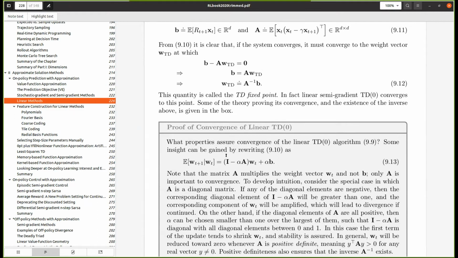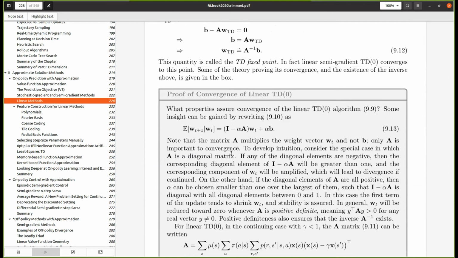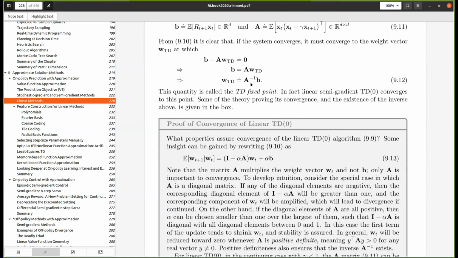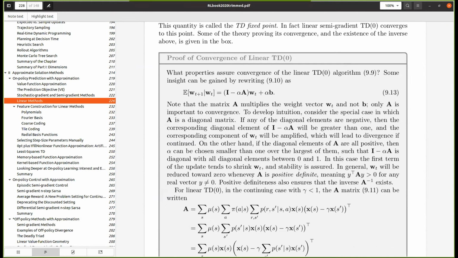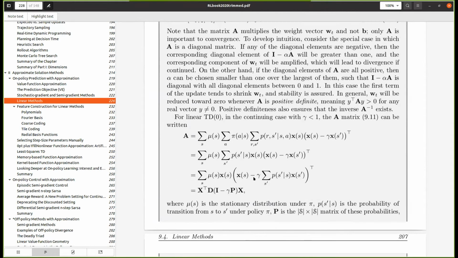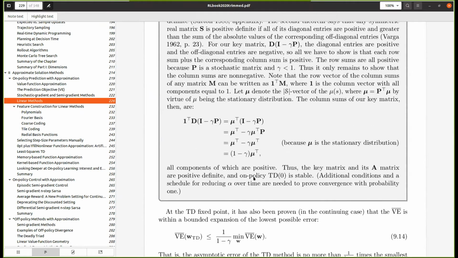There is a proof of convergence for this algorithm, but I think we can safely skip the details here.